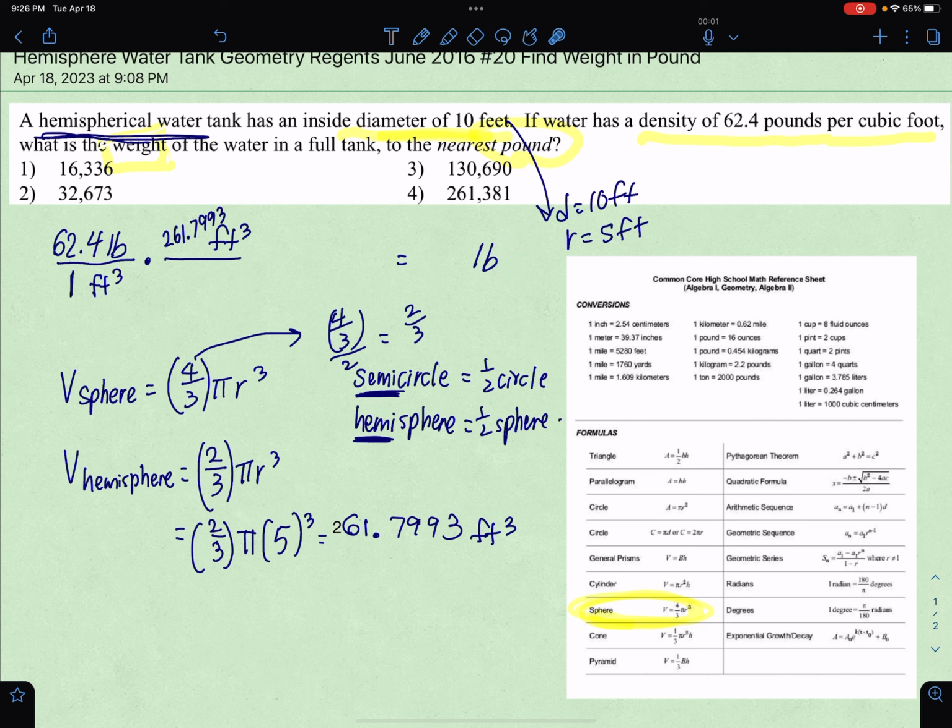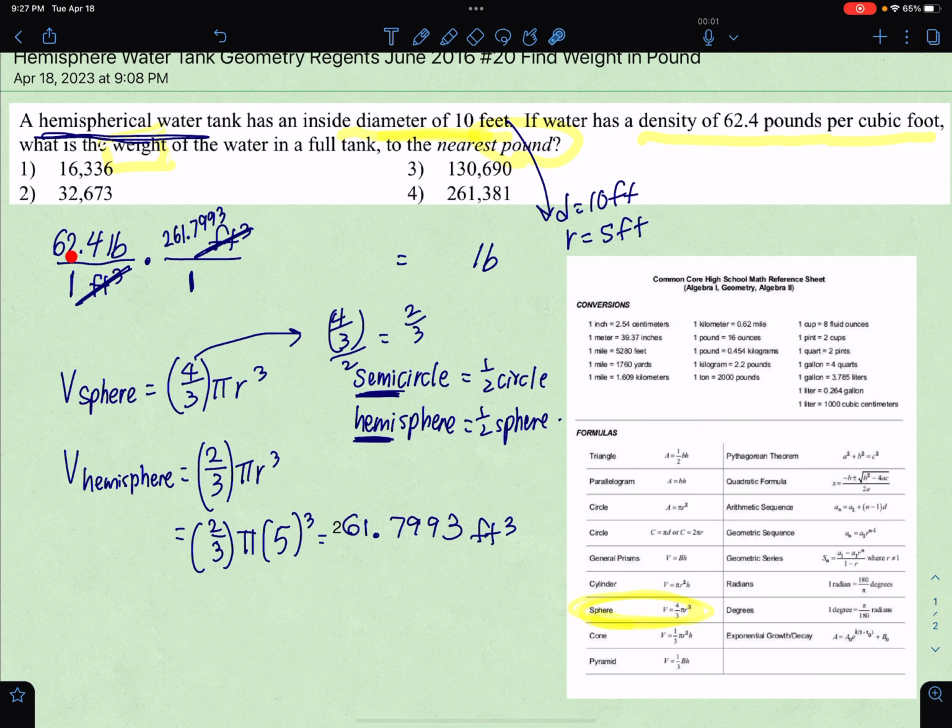Now, going back to the main part of the problem, we want to find pounds. We have the pounds, and now we're going to cancel the cubic feet. Now, I like things balanced, so if the first one was a fraction and this one isn't, let's just put that invisible one on the bottom. And so now let's put this in the calculator.